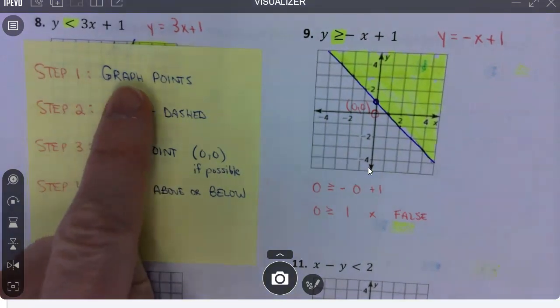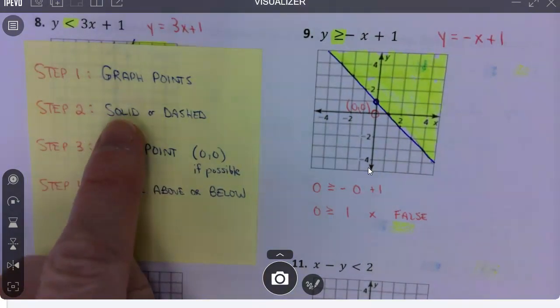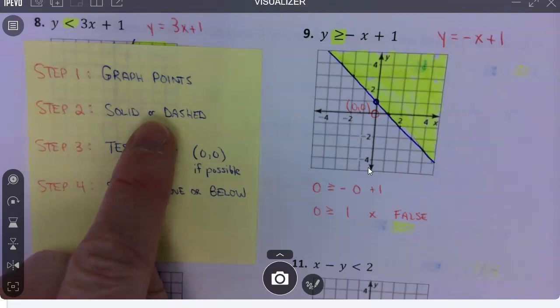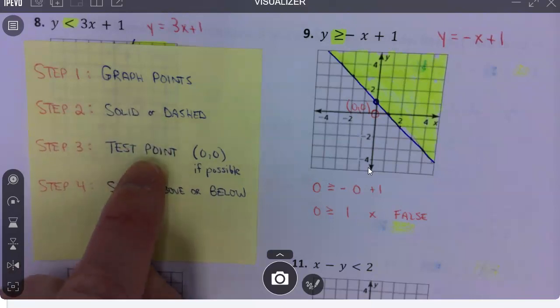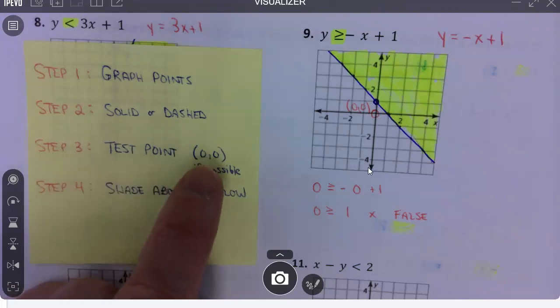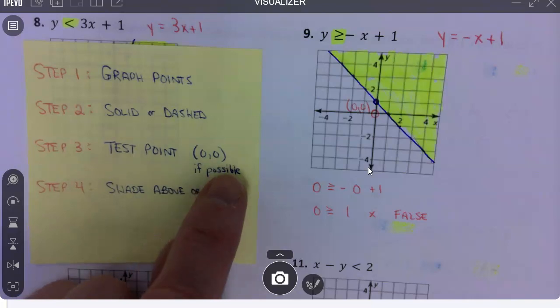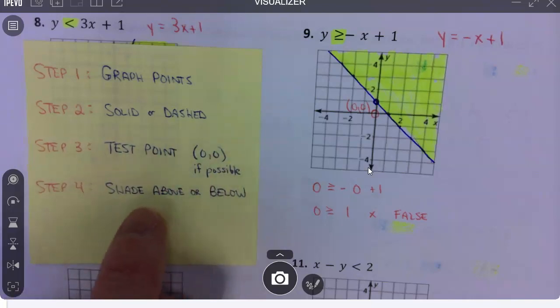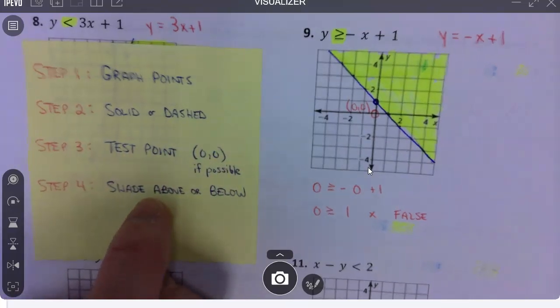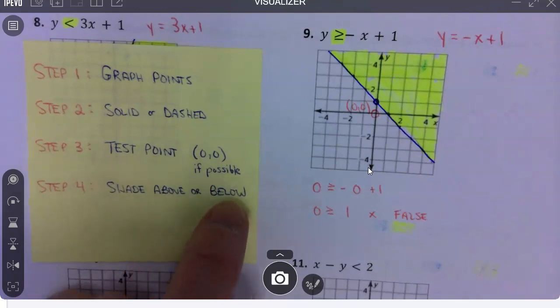So we graph the points, and then go back and either connect them with a solid or a dashed line. Then we test any point that we want. We can choose any point, not on the line. But 0, 0 is the easiest number to work with. And then, based on the results of the testing of the point, I can determine, am I shading above the line or below the line?